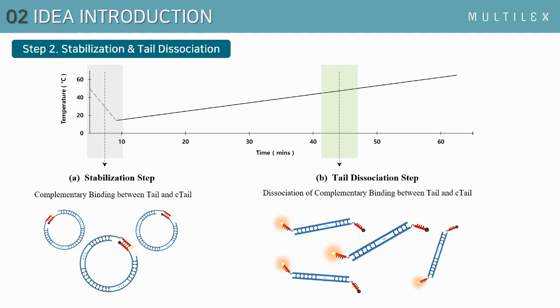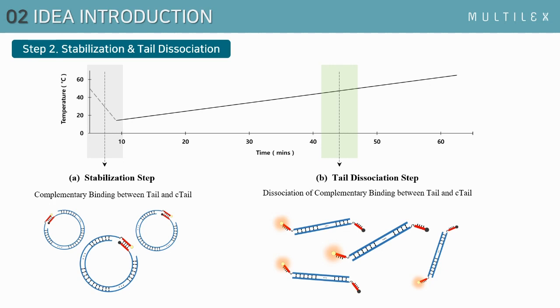signal again. Do you understand what this means? In the B step, the amplicon shape changes according to the temperature. The temperature is determined by a binding force between the tail and C-tail. Think about it.